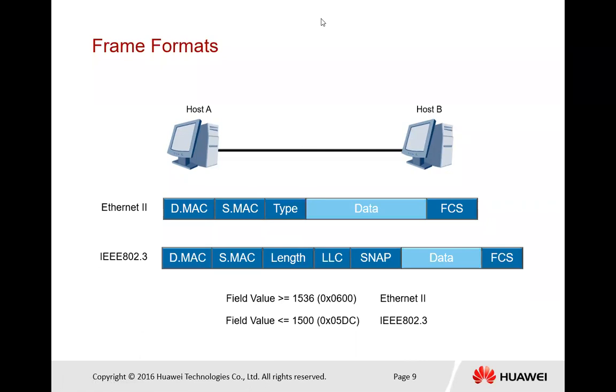Then after that, we have the LLC field. LLC is logical link control. Basically this is for service access points, because they do mapping with the help of different controls.